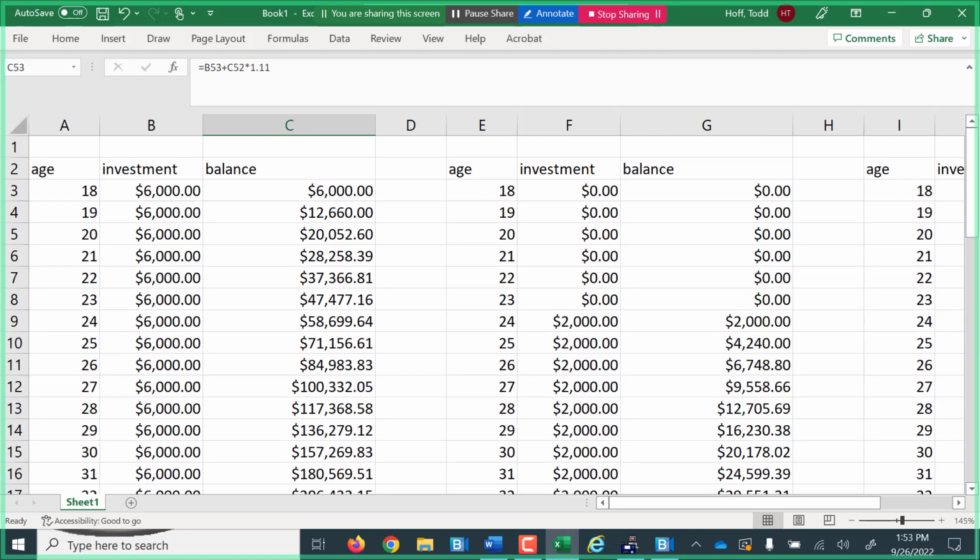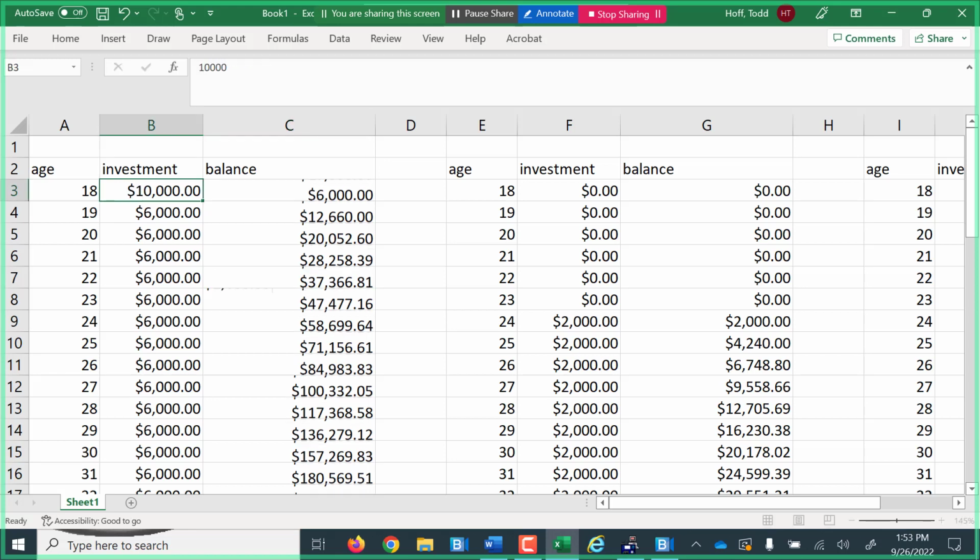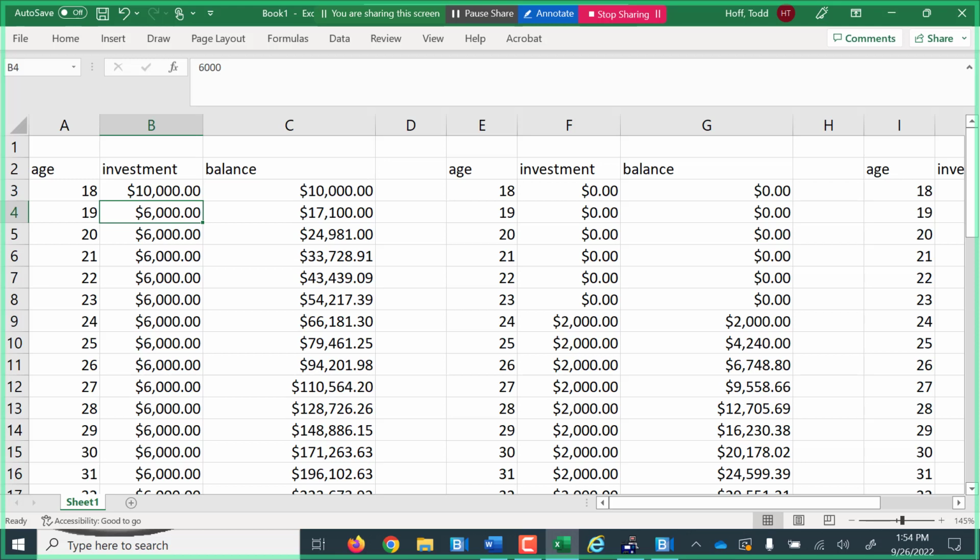$6,000 a year is about $500 a month, which is about a car payment, a big car payment, but it's doable if you're willing to live cheaply. It's doable. 10,000? Yeah, 10 grand a year. So that's about $800 a month.